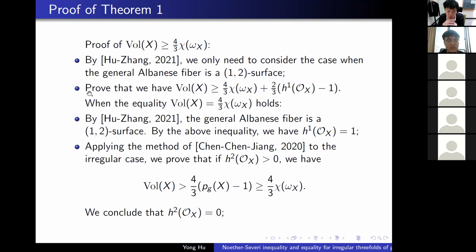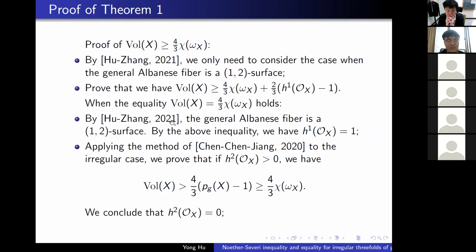The second step is that we prove that when the general Albanese fiber is a (1,2)-surface, the canonical volume is larger than or equal to 4/3 χ(ω_X) plus 2/3 (h¹(O_X) minus 1). So this is slightly stronger than the canonical volume being larger than or equal to 4/3 χ(ω_X), because h¹(O_X) is larger than or equal to 1. So when equality holds, the canonical volume is equal to 4/3 χ(ω_X).